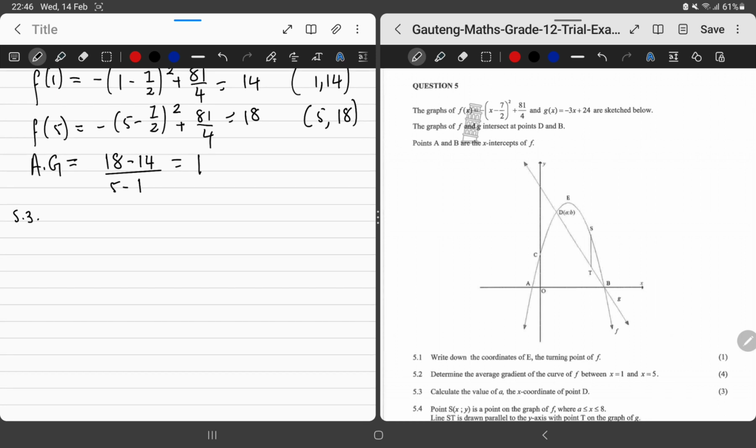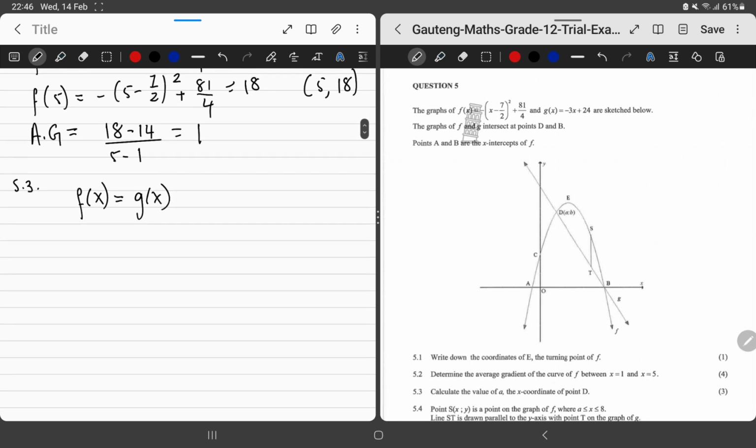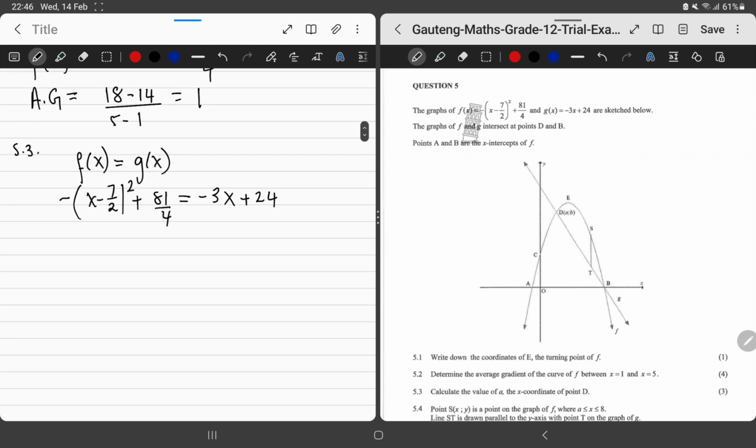5.3. Calculate the coordinate of A. So they want the value of a, the x-coordinate of point D. At the point of intersection, f(x) is equal to g(x). This is negative (x minus 7/2) squared plus 81/4, which is equal to negative 3x plus 24.